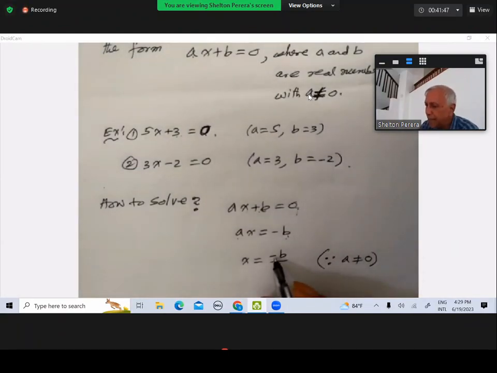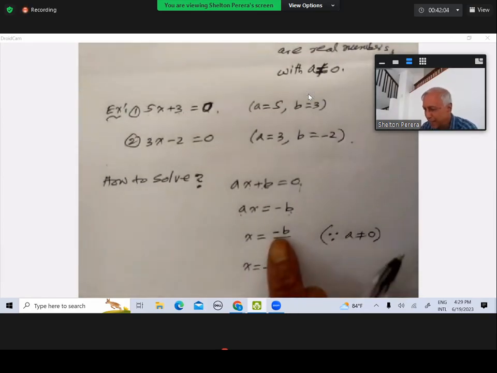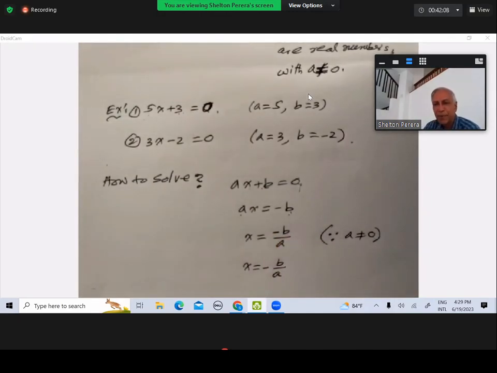This minus sign can be written here, or at the bottom, or in the middle. So, very minor things, but I'm not sure whether you have gone to that detail. Okay, so these are the same. X equals minus b over a.